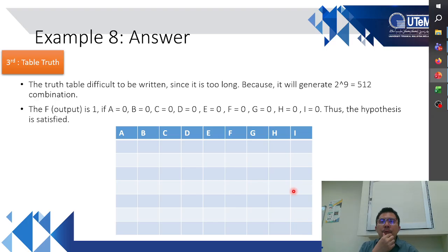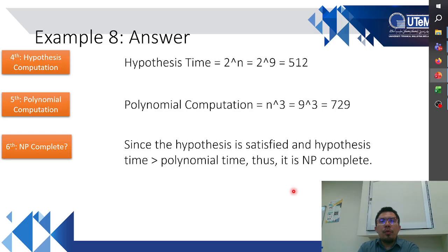We found that if A, B, C, D, E, F, G, H, I all equal 0, the output will become 1. Then we found that the hypothesis time is less than the polynomial time, so here we can consider this one as NP complete.